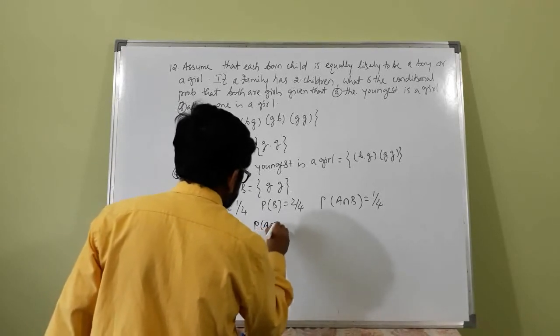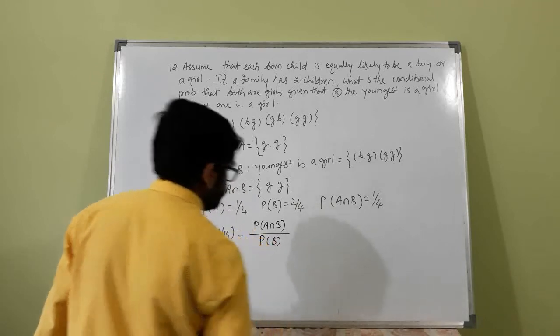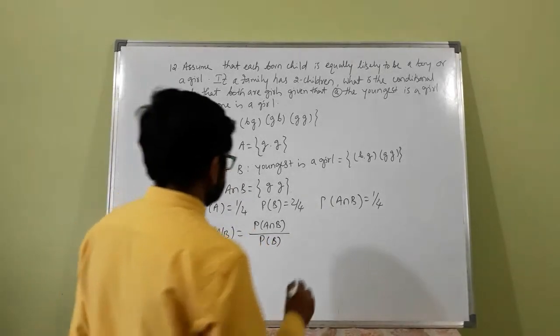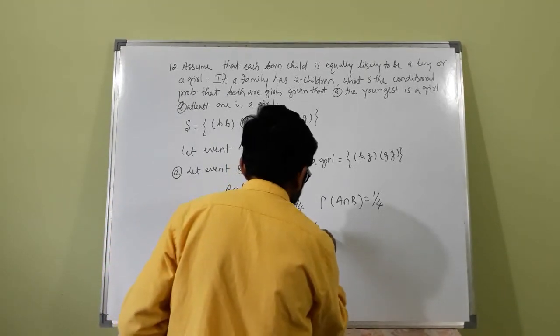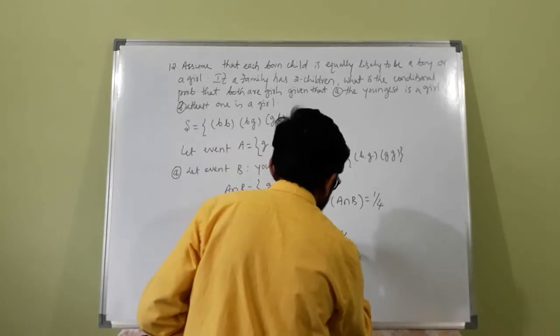Probability of A intersection B divided by probability of B. Okay, what is asked is this one. So A intersection B is 1 by 4, B is 2 by 4, that is half.